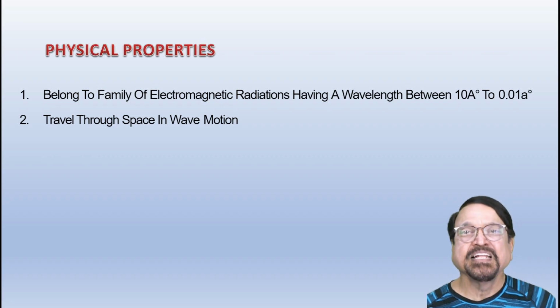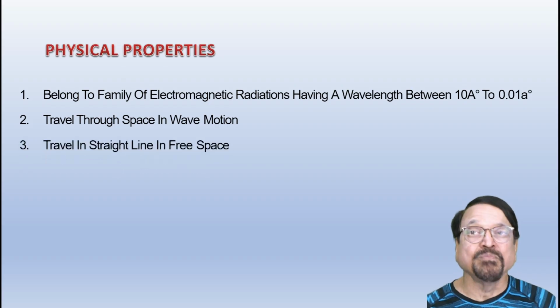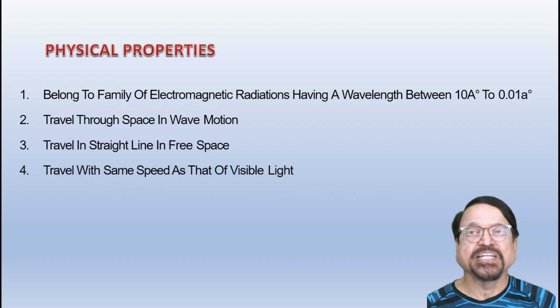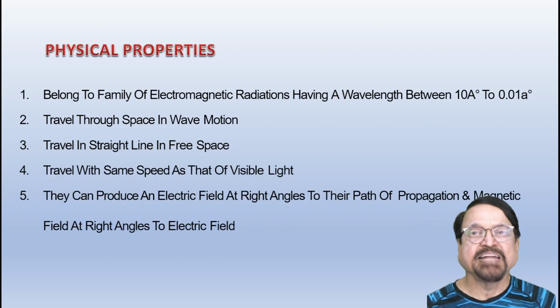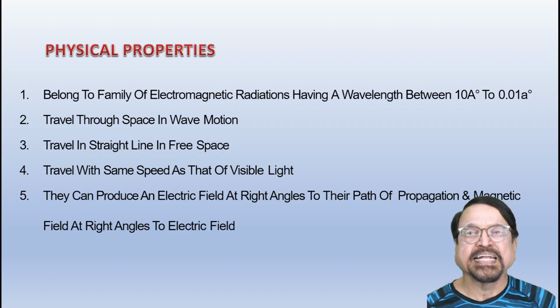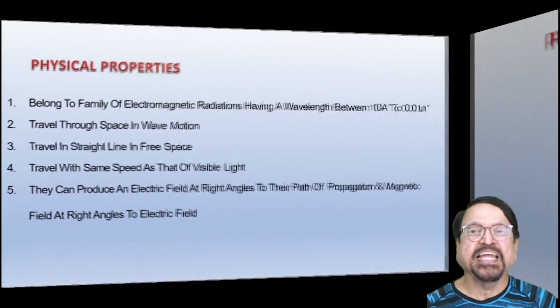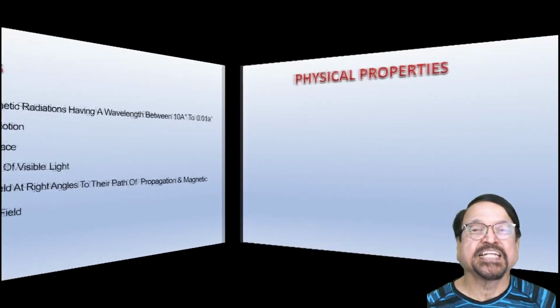They travel through space in a waveform, in a straight line in free space, with the same speed as that of visible light, and they can produce an electric field at right angles to their path of propagation and a magnetic field at right angles to the electric field. So these are the characters.